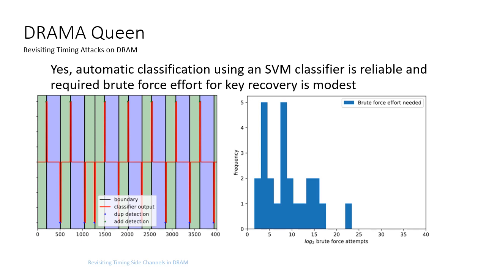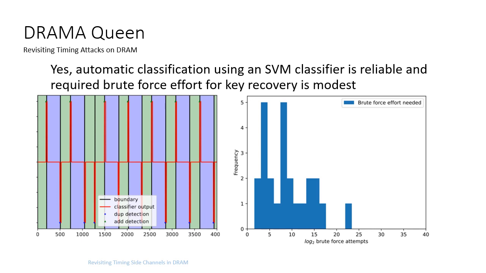So can we exploit this fact? We exploit this fact by training a machine learning classifier, an SVM classifier, on the ground truth. So we let the victim execute, and we let the attacker collect traces. The attacker trains a classifier using the ground truth, and then on new traces uses the classifier to try and detect where the duplicate happens and where the add happens.